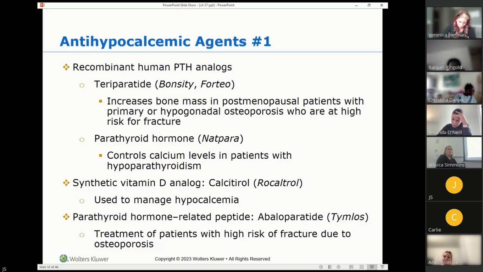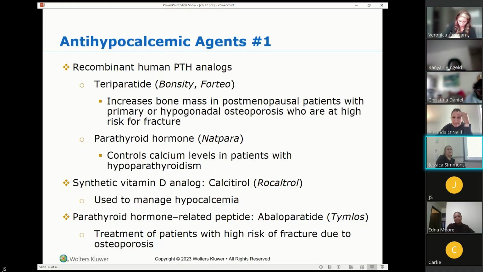Who is most at risk for osteoporosis? Older people, older women, women over 60. Older, over 65, specifically women, specifically white women. That's important to know.